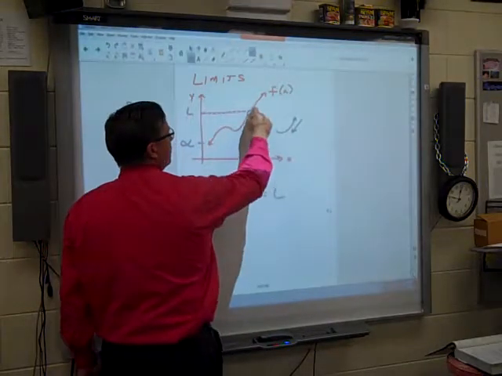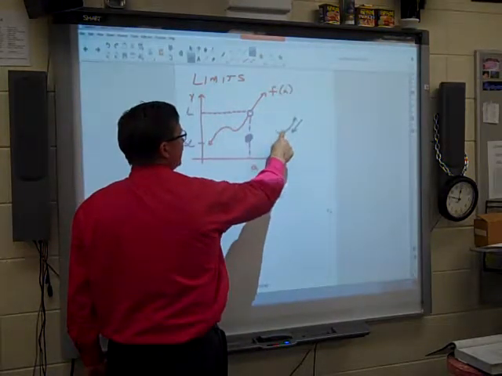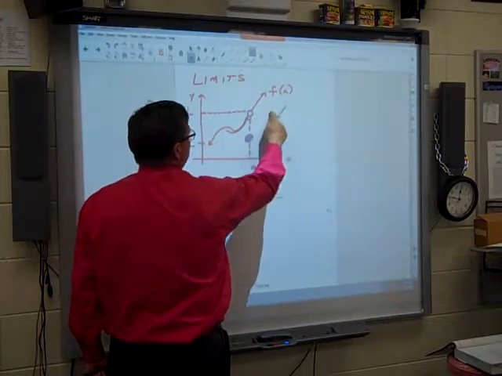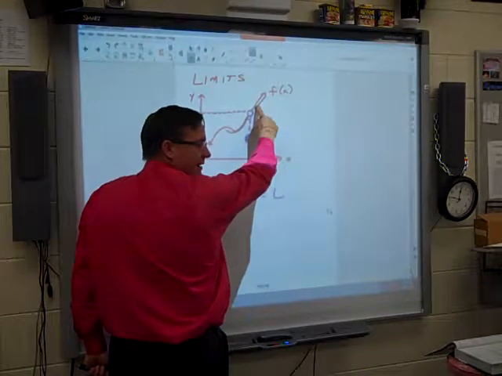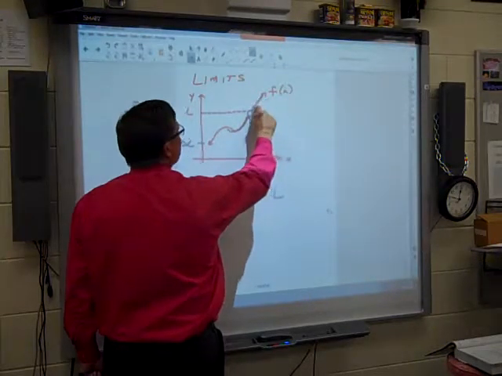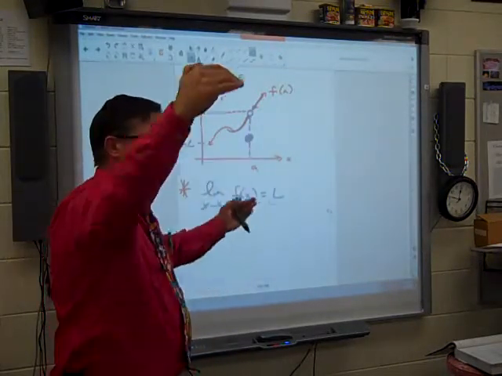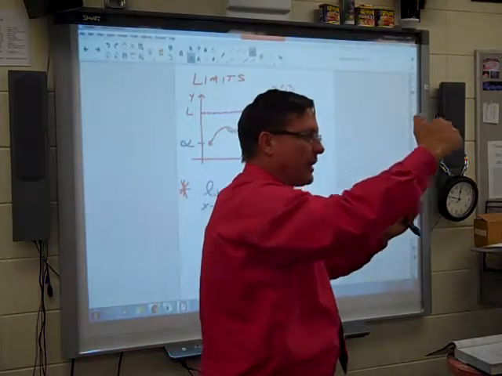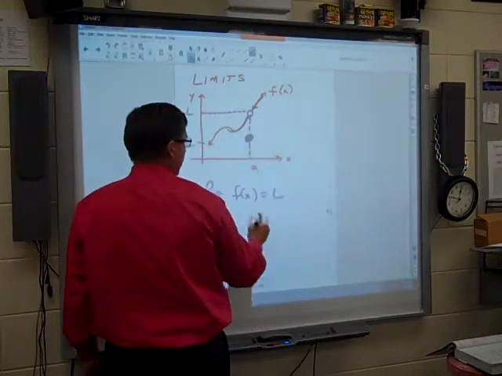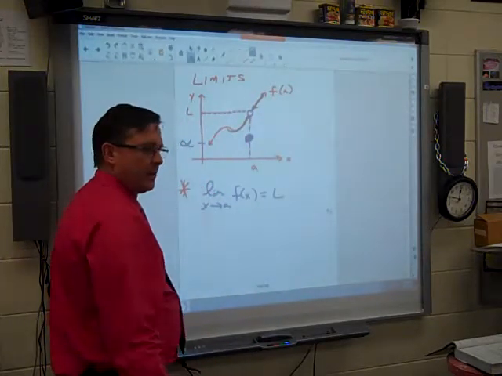As we come down the curve from the right-hand side, what's it approaching? It's approaching L. When I come from the left-hand side, then I come from the right-hand side, do you see that we're coming down the curve and we approach the A value, we still are coming to L. So it still has the same limit.